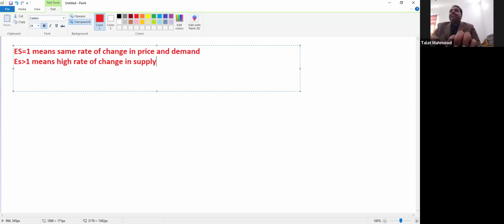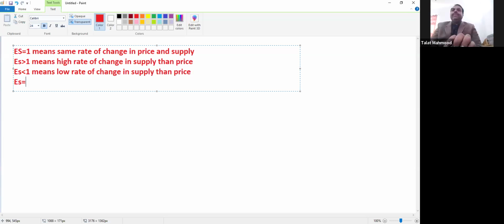Sorry, it's supply, not demand. And what if elasticity of supply is less than 1? It means a low rate of change in supply compared to price.